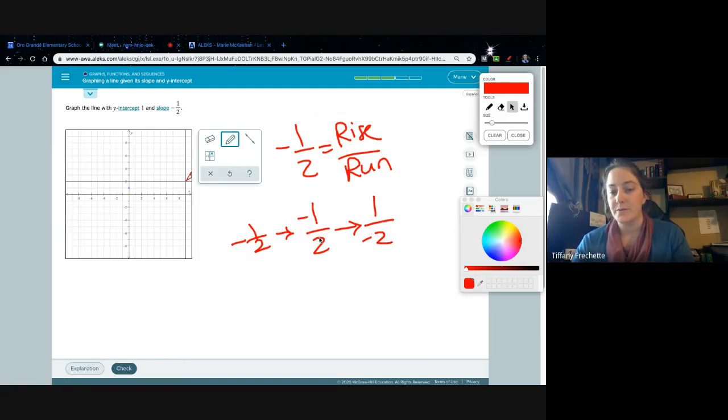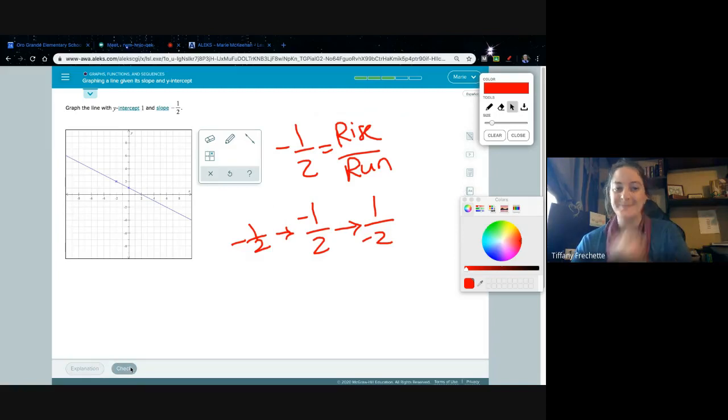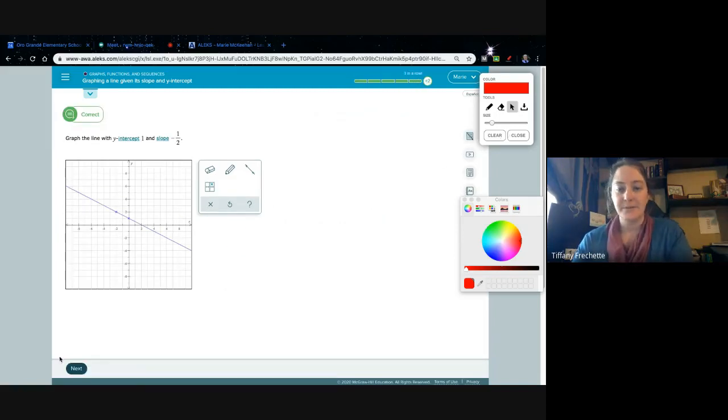I'm just going to choose 1/-2. That means I rise up 1, since it's a positive 1, and -2 means I go left. So I go 1, 2 to the left. Run can be right or left, depending on whether it's positive or negative. Now I click on both of my points, and there's my line. All right, we finished that one.